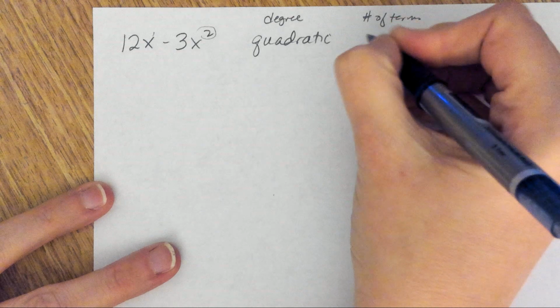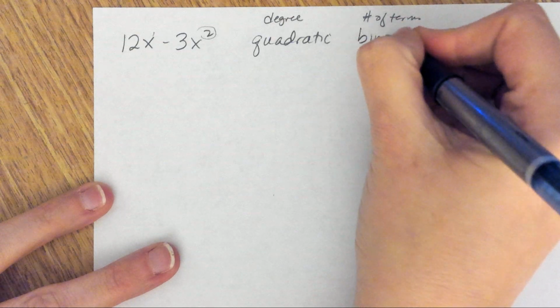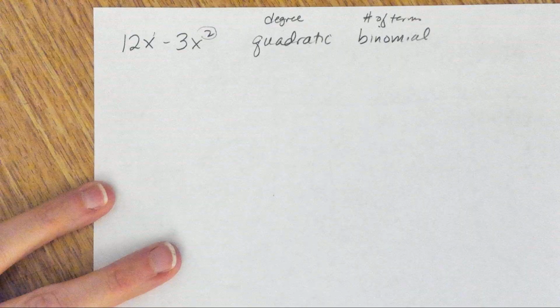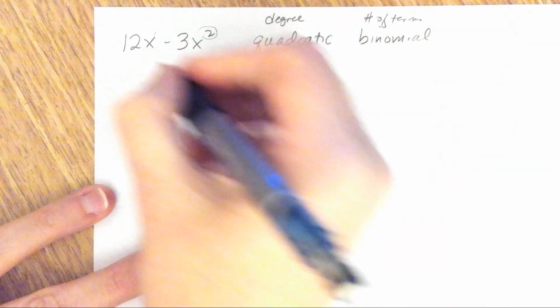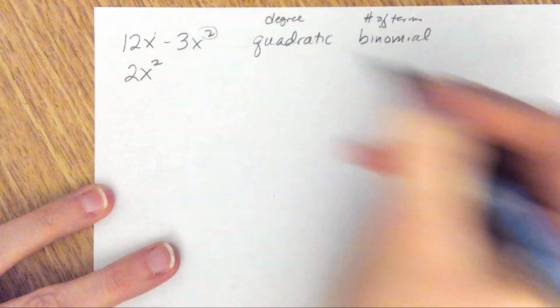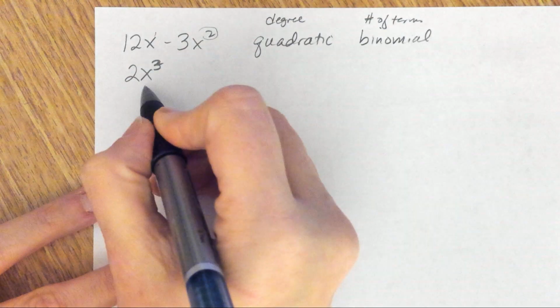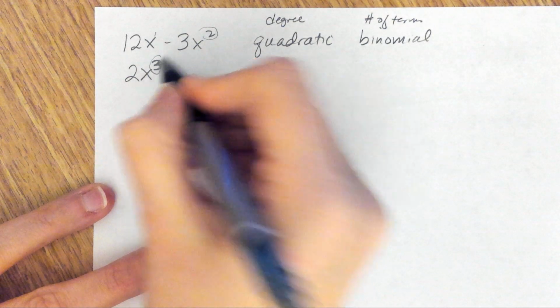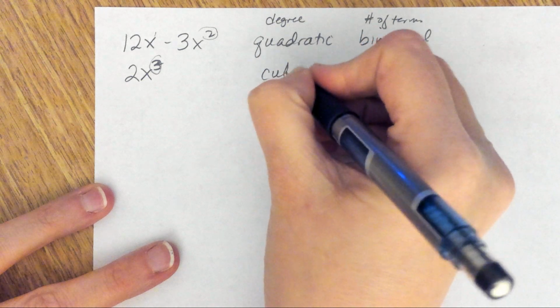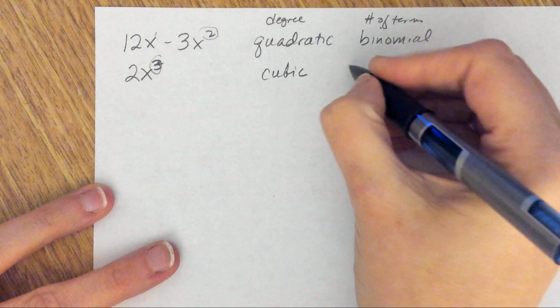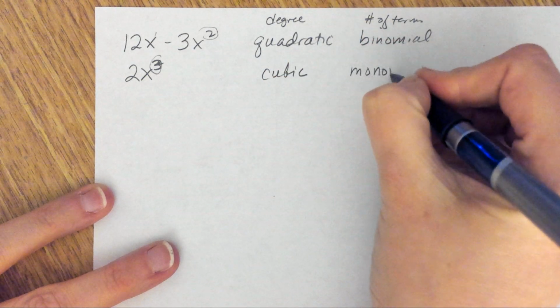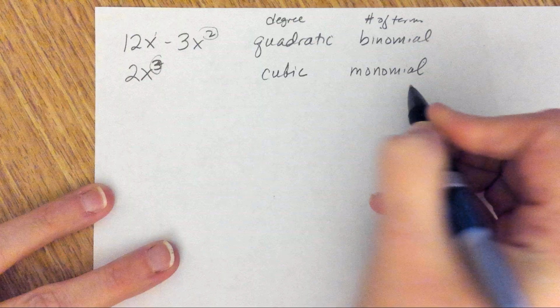And it's got 2 terms, so it's a binomial. Okay? Let's look at this one. 2x to the 3rd, okay? The highest exponent I see is 3, so that makes it a cubic. The number of terms is 1, so it's a monomial. So this is a cubic monomial.